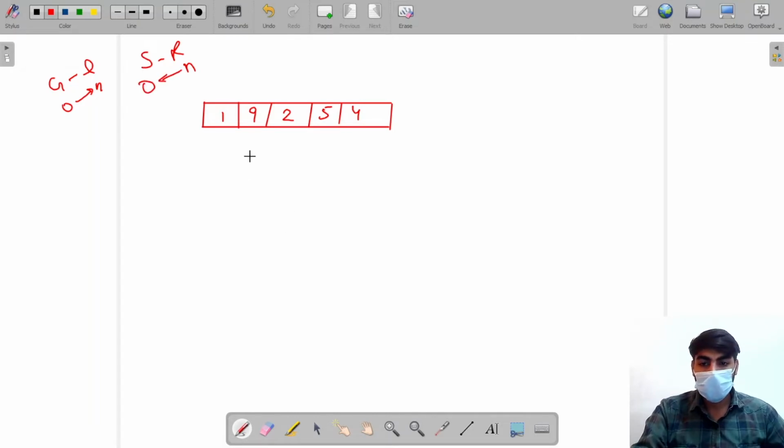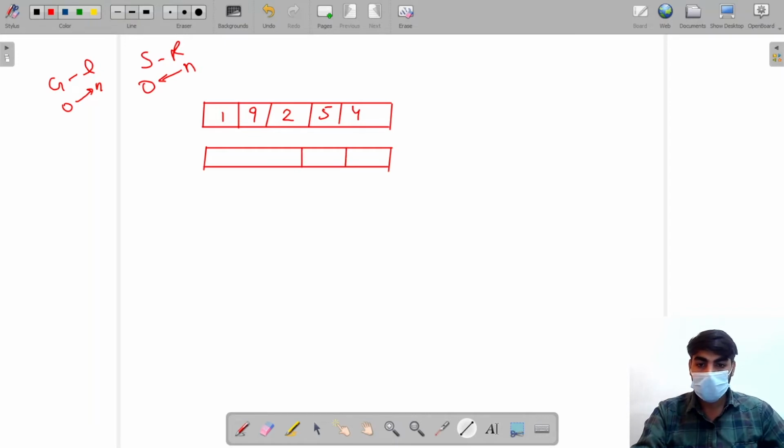For that I make my answer array, here is our answer array, of the same size, and we have a stack also.